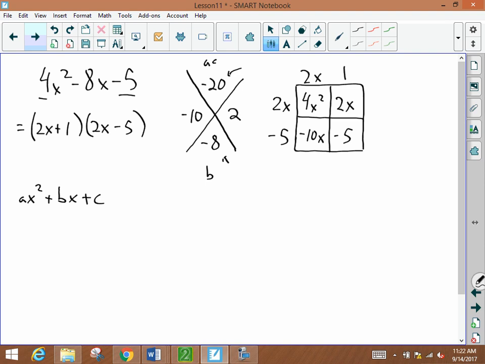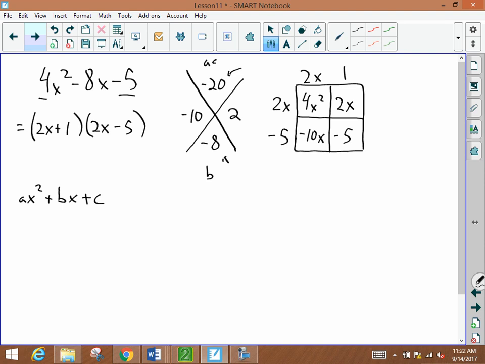Awesome. We did it. And if you are not sure, you can always check these. They're so awesome because we've just done kind of the opposite of multiplication. So you can FOIL this thing out and see that indeed 4x squared minus 8x minus 5 is equal to the quantity 2x plus 1 times the quantity 2x minus 5.